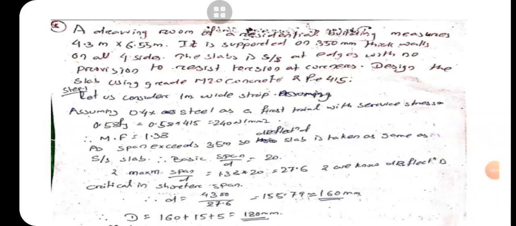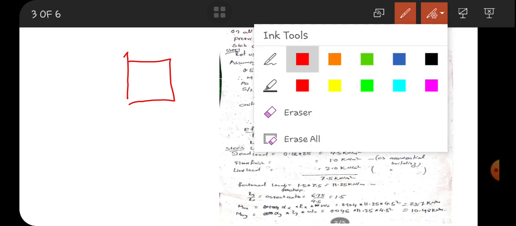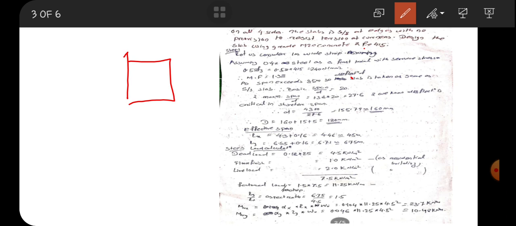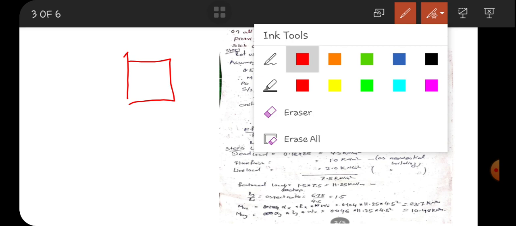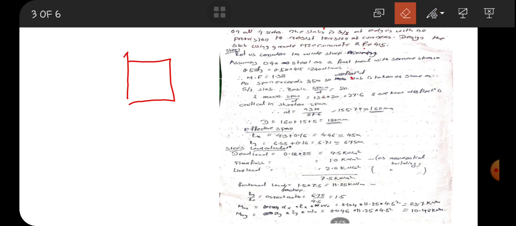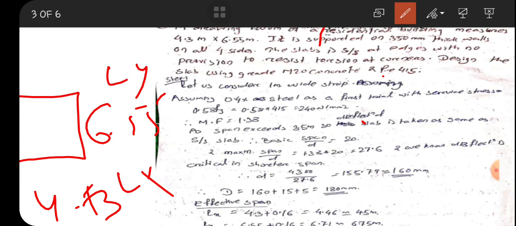I think you can read the question. The question is given as a drawing room of a residential building, with the room size given as 4.3 meter into 6.55 meter, that is the LY direction, that is the LX direction.